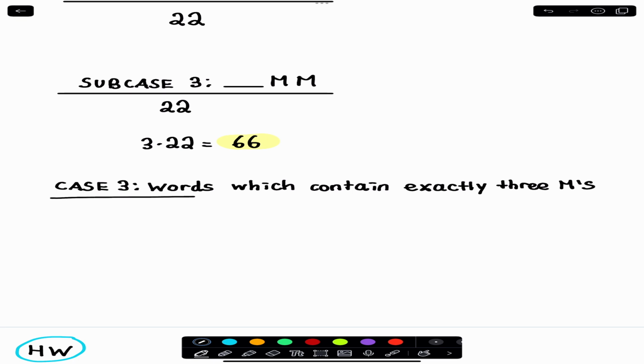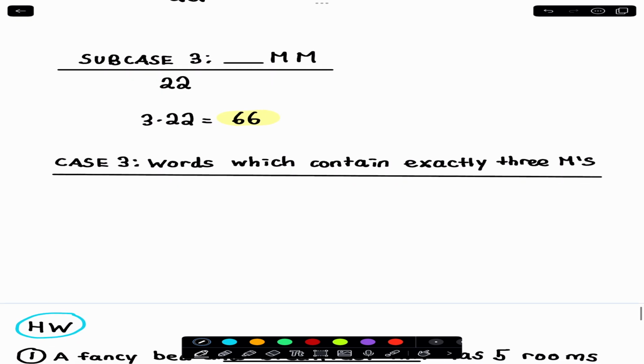So basically, there's only one word that satisfies this condition, and that is simply M, M, M. So this is the only one that we need to consider.